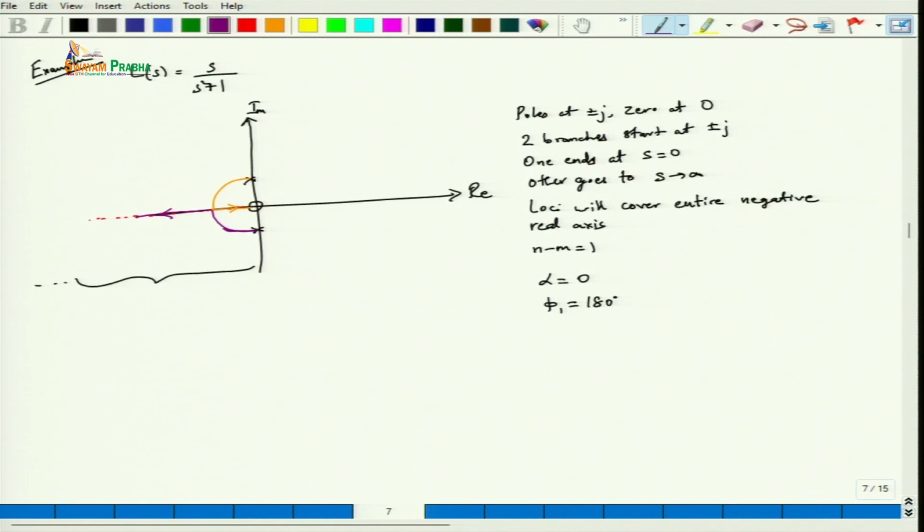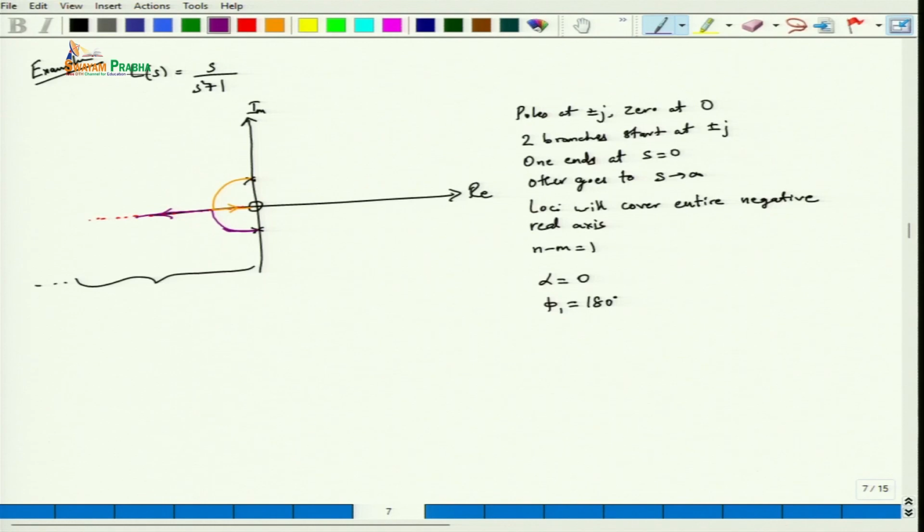In this sketch, we have not determined which of them goes to the 0, say the one coming from plus j or minus j, because we are trying to get just a rough sketch for the purpose of our control design. For more details, as I had mentioned, we can always plot it using computer based software such as MATLAB.